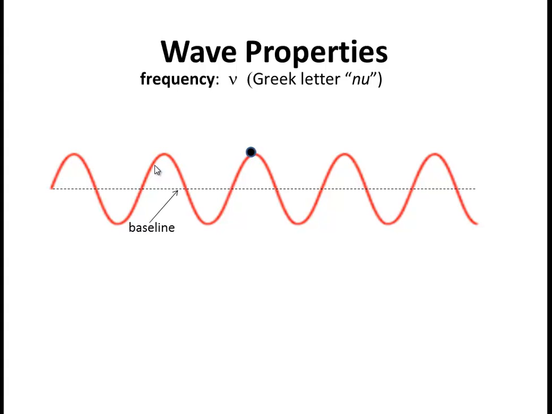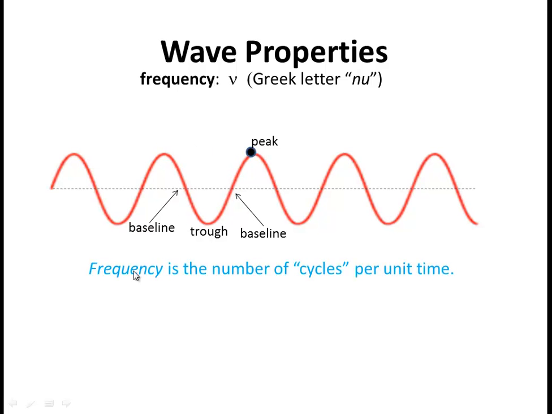So in order to do that, I went through the baseline, then through the trough, through the baseline again, and finally up to the next peak. That is what we call one cycle of a wave. Frequency is the number of cycles that you go through per unit time.